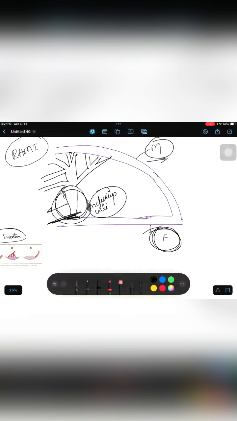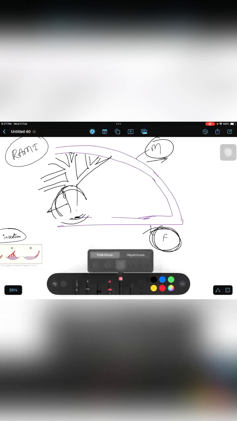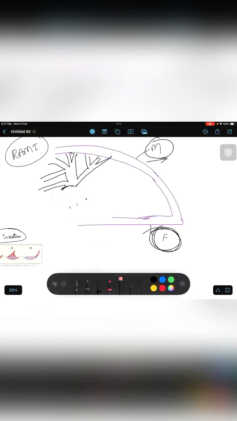This is the anchoring villus. Each anchoring villus will contain a truncus chorii. The overall villus is known as the anchoring villus, and this trunk is known as the truncus chorii.